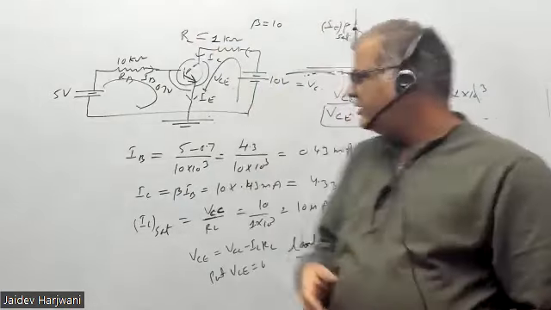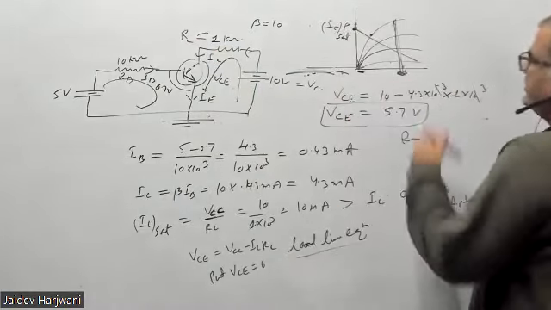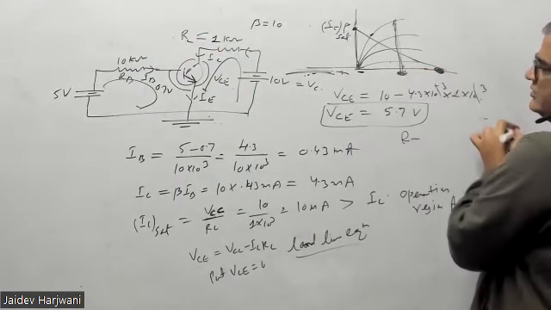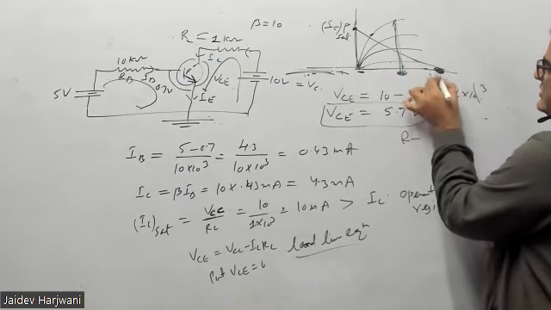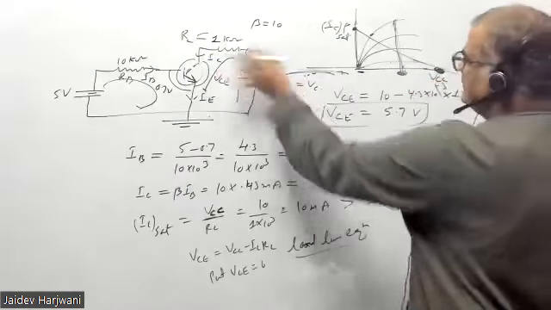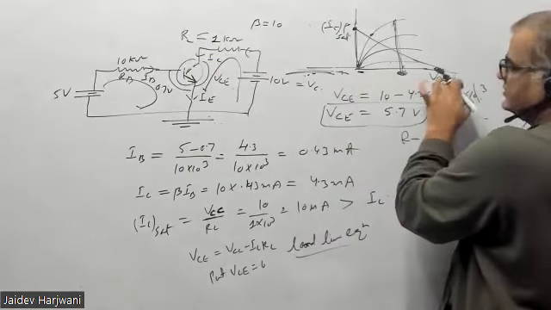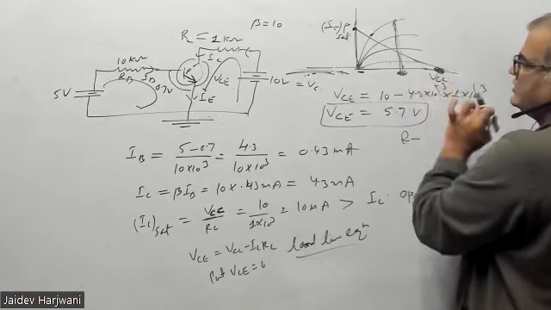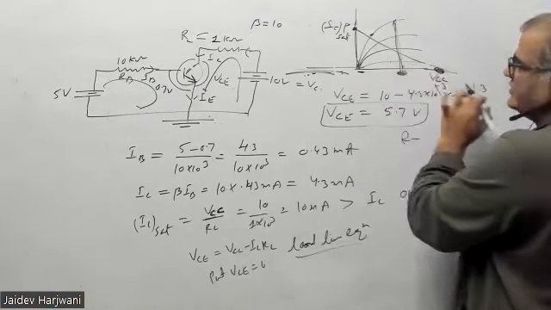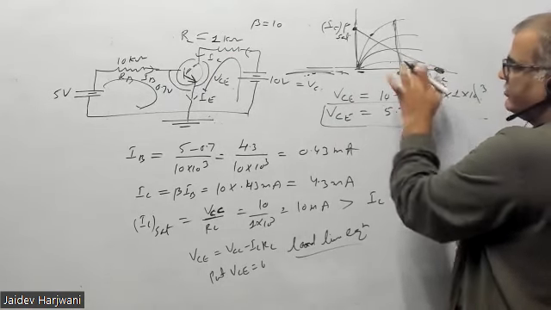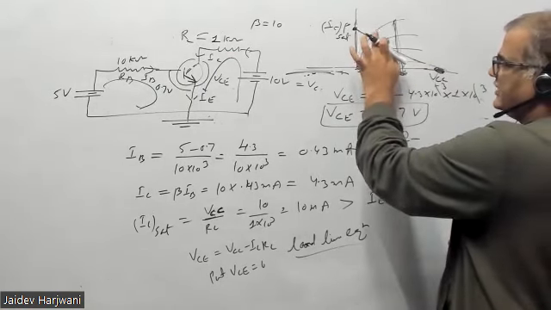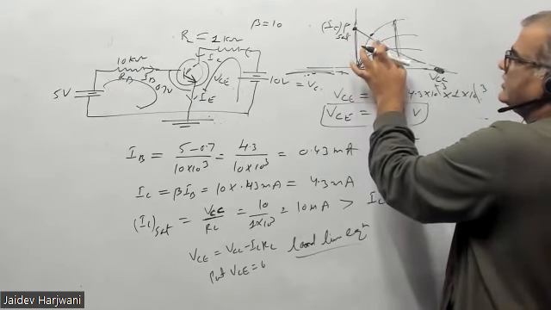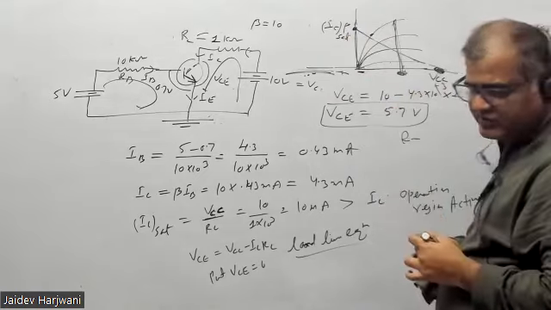If the point is near this point, where IC becomes 0, then it is near the cutoff region. It is active but near cutoff. If inside this, cutoff. If far from cutoff but somewhere here, then it is near to the saturation region.